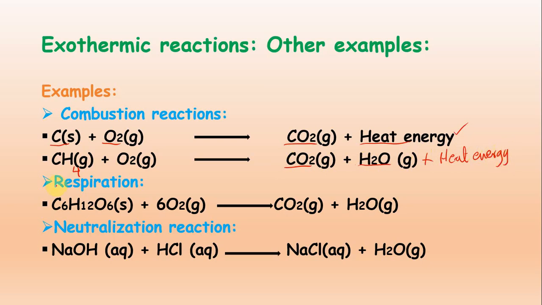Then the next example is respiration. This is the equation of respiration. This is the chemical formula of glucose, C6H12O6. Then oxygen, then CO2 will be produced and H2O plus heat energy also.